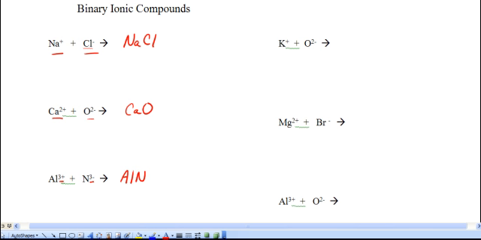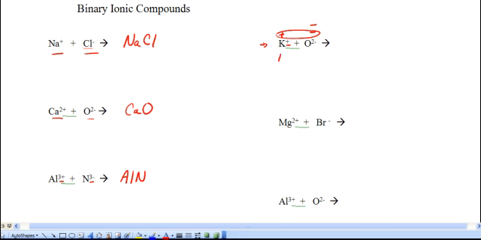Now, in many cases, the charge on the cation and the anion are not going to be the same, and so you're going to have to add more of one or the other to balance the charges. For example, up here, notice the potassium ion is a +1, the oxide ion is a 2-. So if you think about it in terms of charges, you have two negatives here, you only have one positive here, so these charges balance, but you have a negative charge here that is unbalanced.